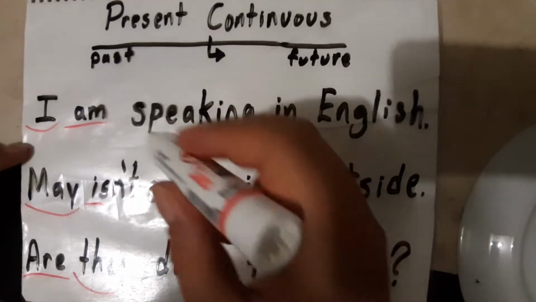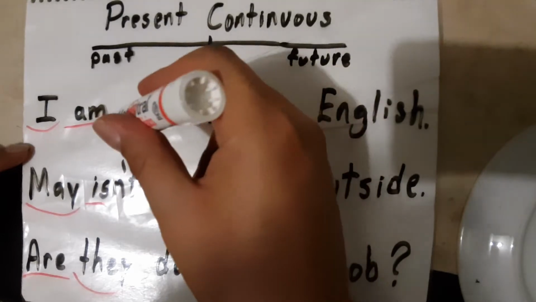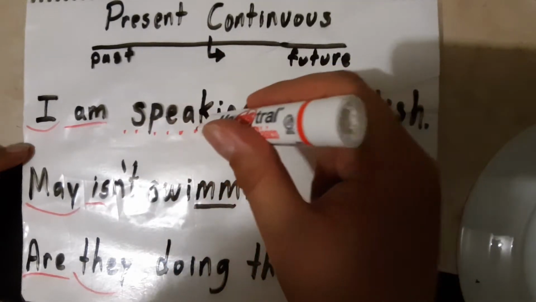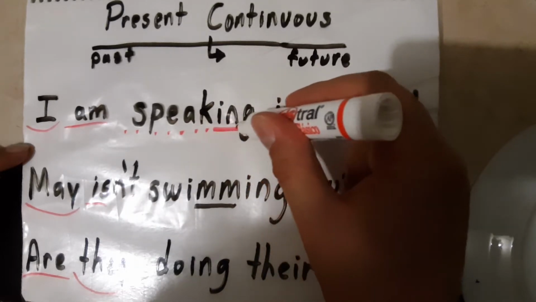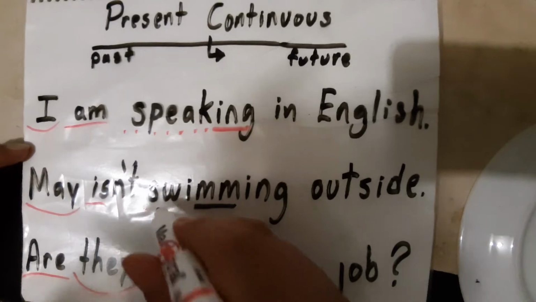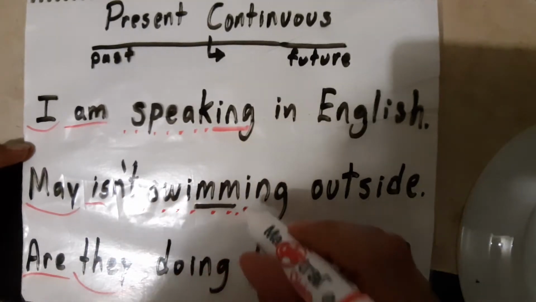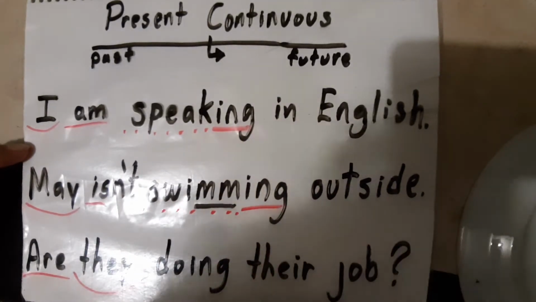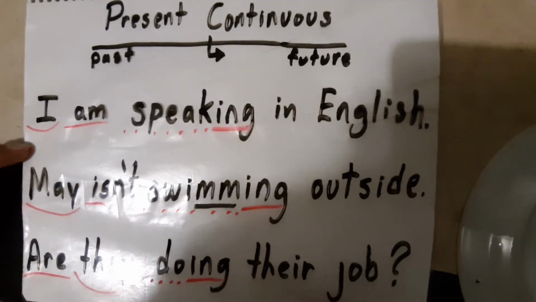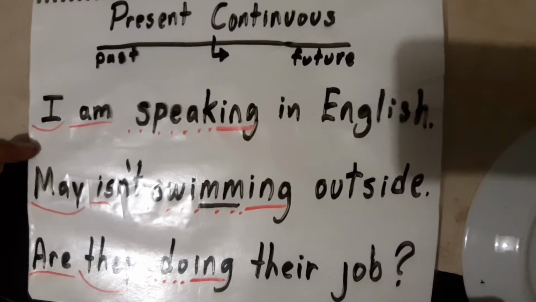And finally, you're going to use what is called a gerund, present participle, or verb and ing. These three elements are the most important things in order to make a present continuous sentence.